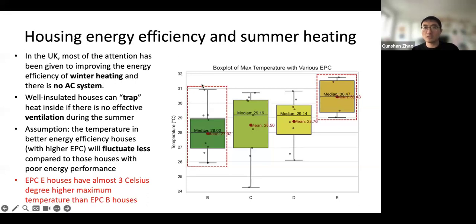Here, the box plot shows the maximum temperature, and we find that EPC E houses have almost 3 degrees Celsius higher maximum temperature compared to EPC B houses. So when it's really hot outdoors, poorly insulated houses' temperatures increase much faster than those of much better insulated houses.